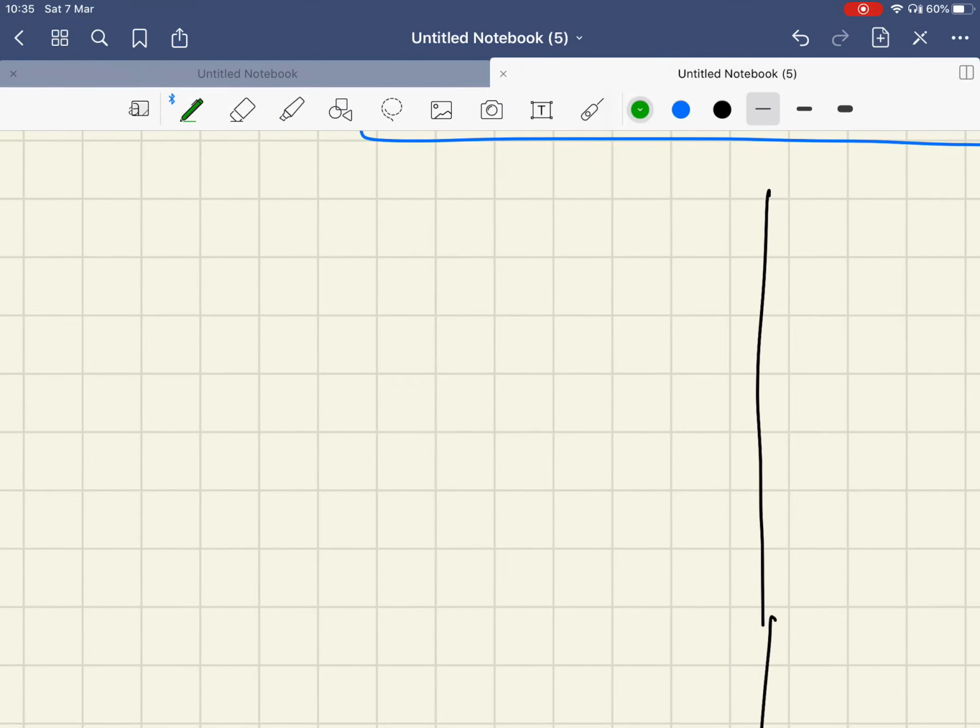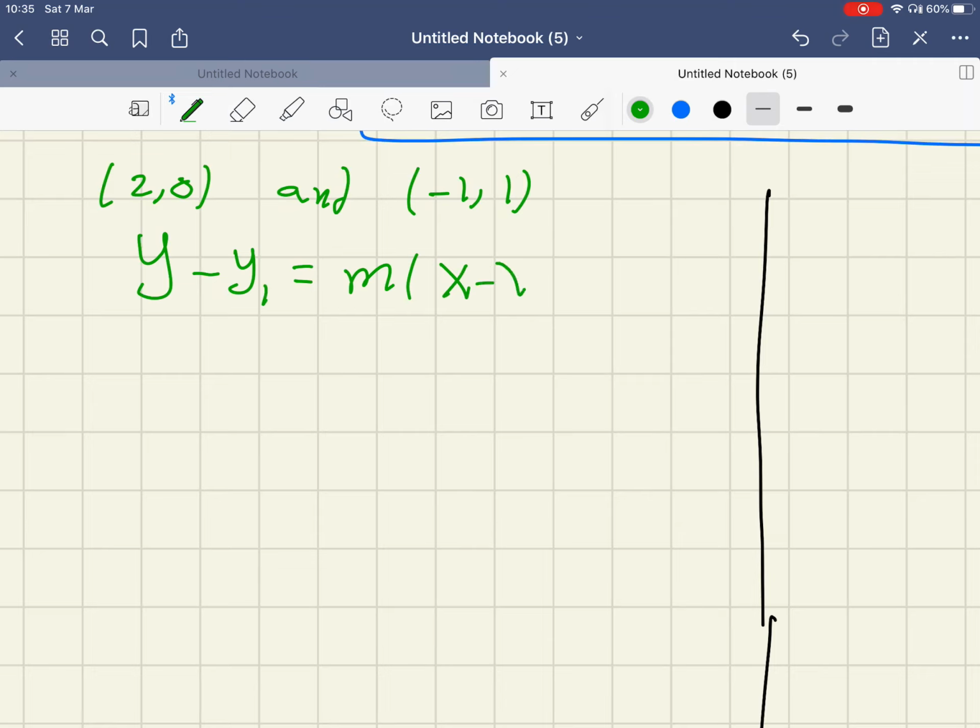Now for the green, we have the same equation. We have 2 points, which is 2, 0, and the second point was -1, 1. So this is y minus y1 equals m times x minus x1. Okay, so it will be y minus 0 equals m times x minus 2.